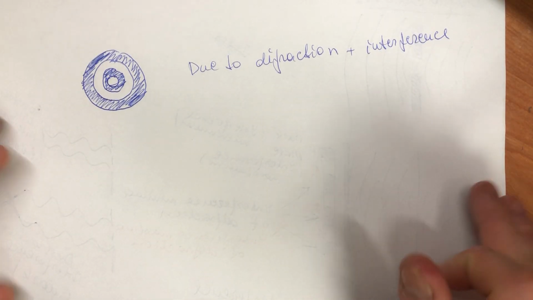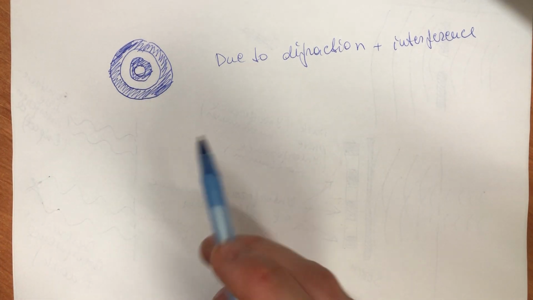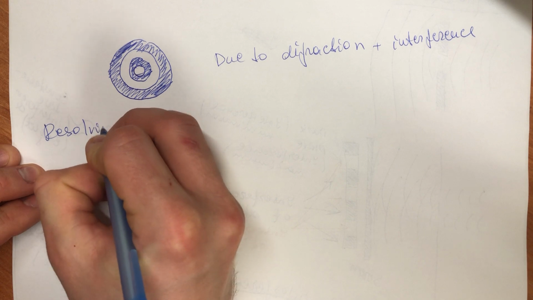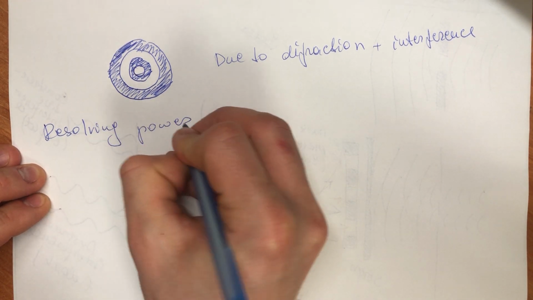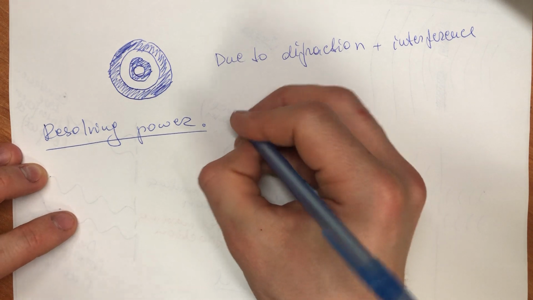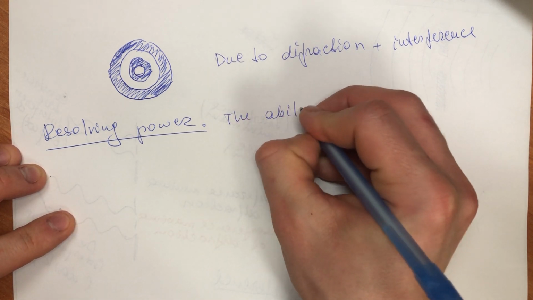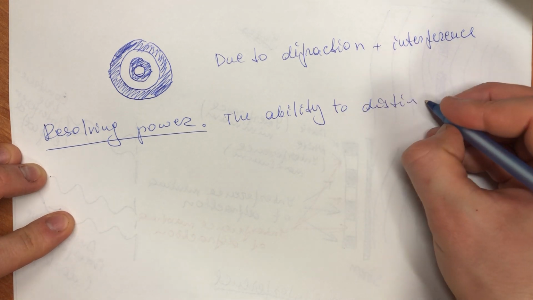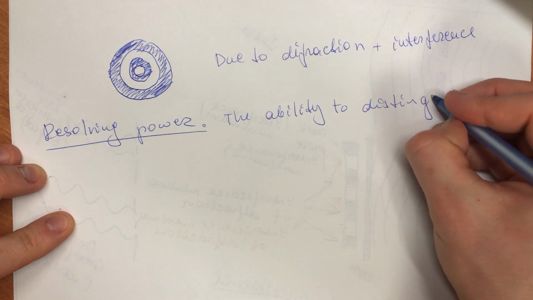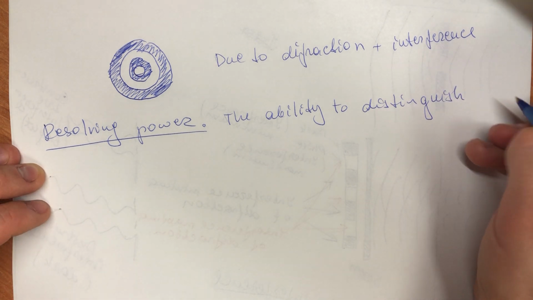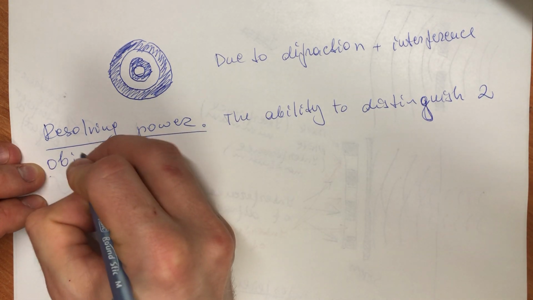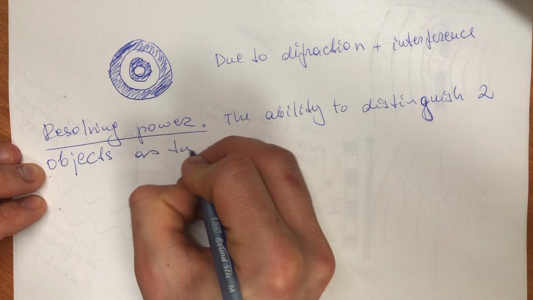Here is just a cylindrical opening, cylindrical hole, and the resolving power is the ability to distinguish two objects as two.